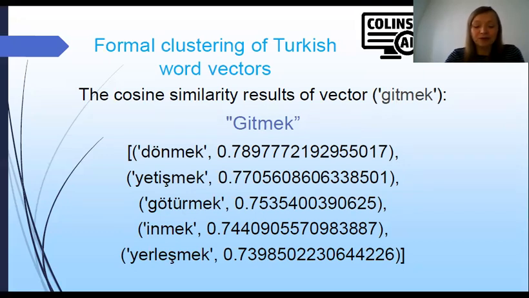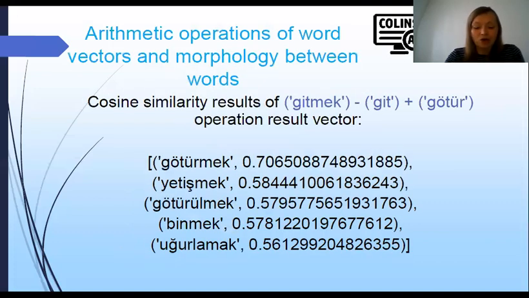The first 5 word vectors with the closest cosine similarity to the vector gitmek are shown below. The word vectors clustered by cosine similarity are vectors belonging to words in the infinitive form. The clustering of the words is related to the formal feature, the infinitive suffix mek. It is a formal derivation from the word root with the suffix mek.